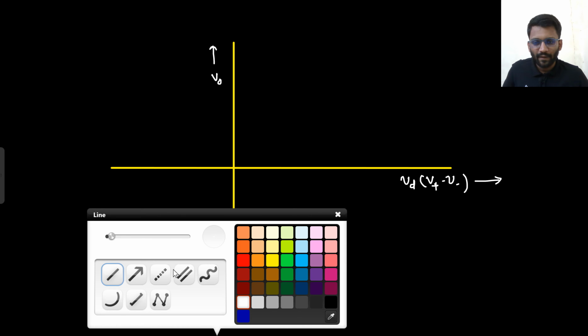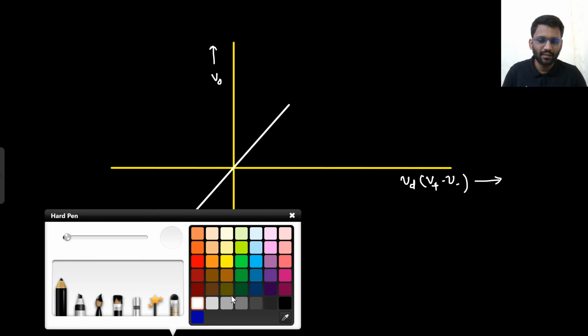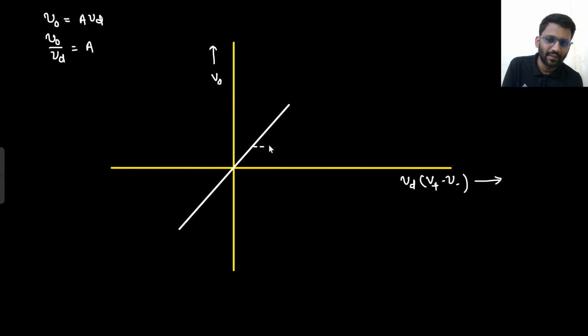What is the typical value of V0 by VD? That is A only. V0 was A VD, so V0 by VD would be A. So this slope is A.